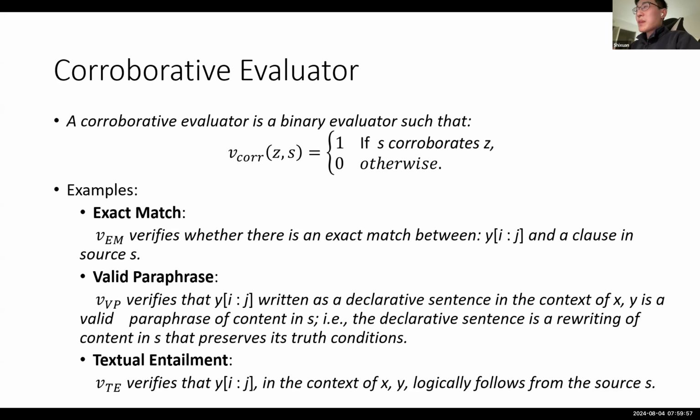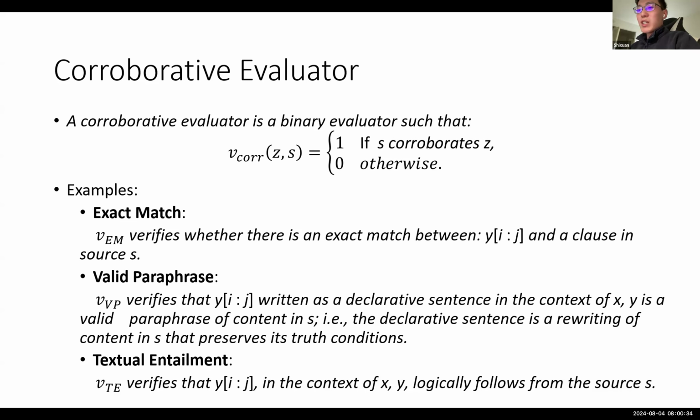So let's take a look at several evaluators. The first type is the corroborative evaluator. Corroborative evaluators are binary because there are two cases: either you have support or not. If your source supports your claim, you return a 1, otherwise you return a 0. There are a few examples of this kind of evaluator. The first is the exact match, which we mentioned before.